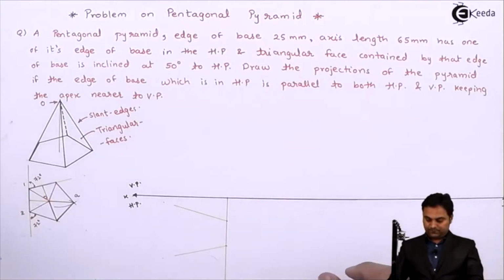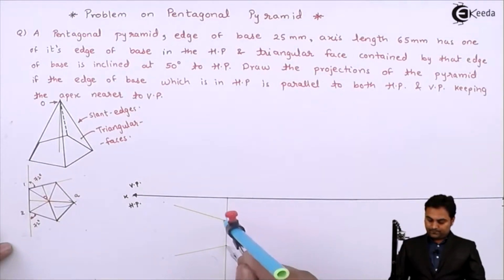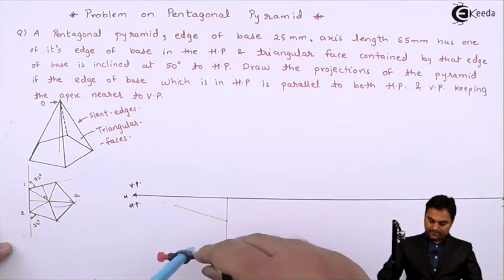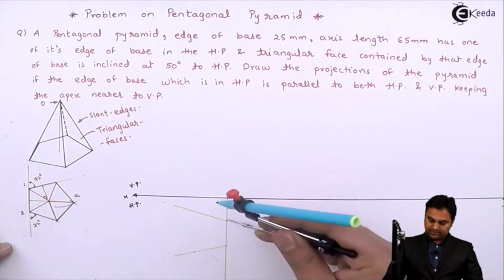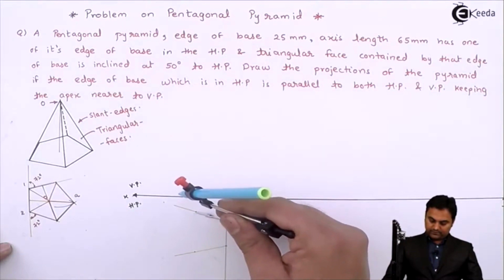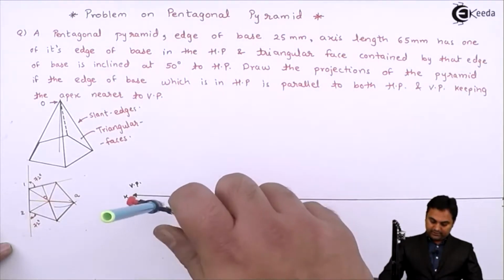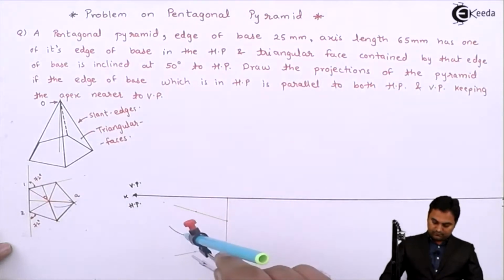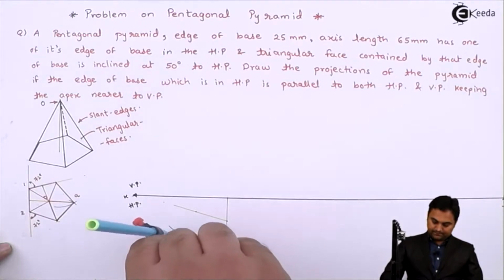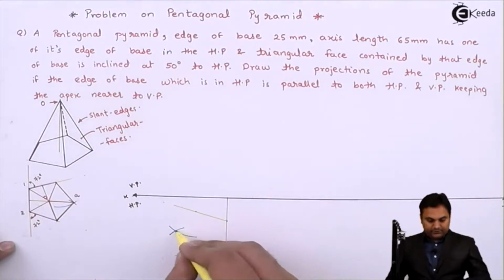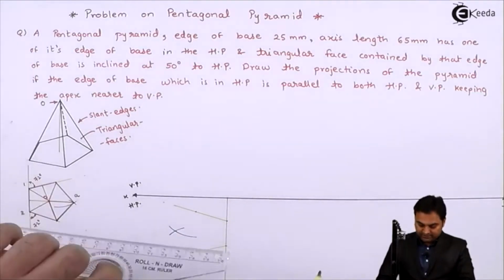Next, marking this base edge which is 25. The distances I have marked it onto these angles. Then drawing an arc, cutting this arc. So here we are getting this point, joining it with the help of light lines.